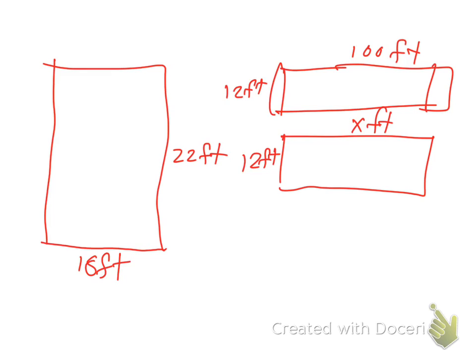So my problem is I would like to make sure that I only have one seam. By that I mean that I don't want to have to cut this into a whole bunch of different pieces to make it fit. So what I want to do is I've got two choices basically. I can go like this so that this is 12 feet by 22 feet, and then I've got another 6 feet by 22 feet.